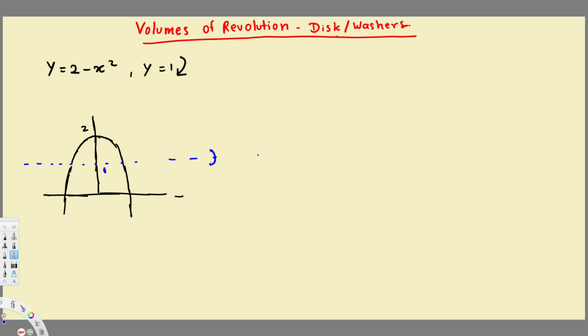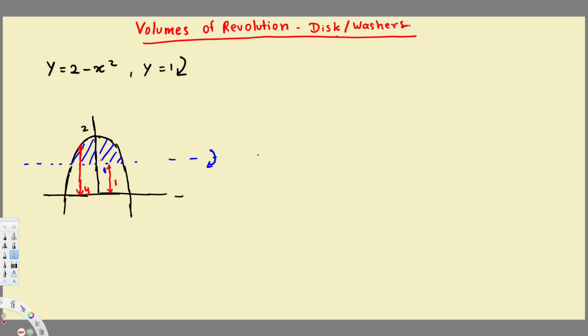And also notice, the line y is equal to 1 is parallel to the x-axis, so we have to write everything in terms of x, right? The main thing here is that we have to find the radius of this region. We know that the total distance from the curve is going to be y, and we also know this height is equal to 1, right?